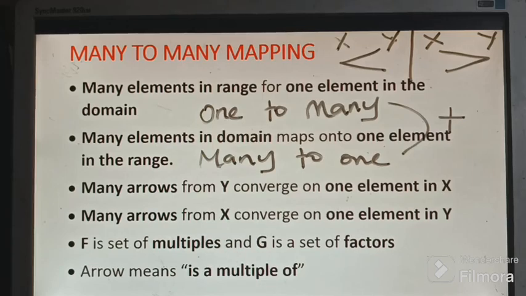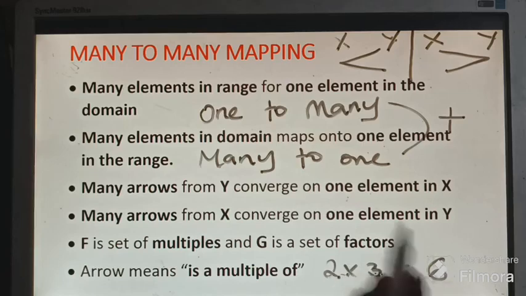So for example, 2 times 3 is equal to 6. So 6 is a multiple of 2 and 3. And these two are what we call factors of 6. So these are factors and this is our multiple.